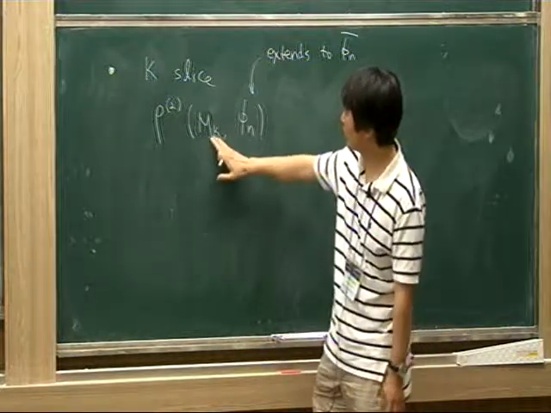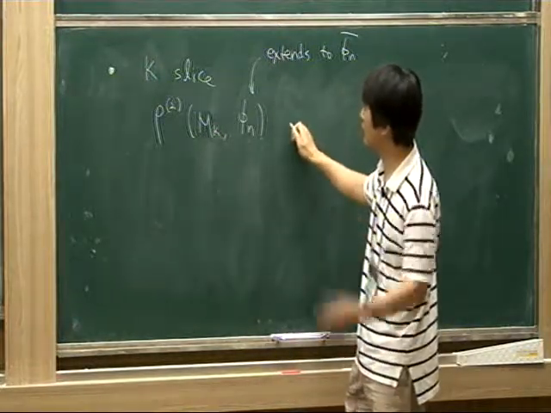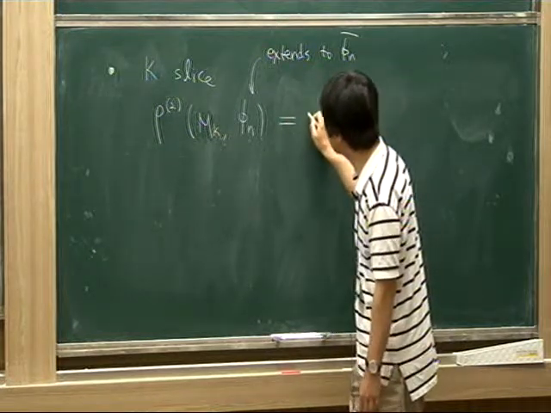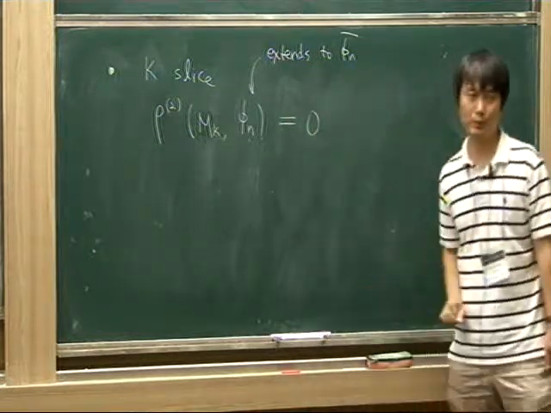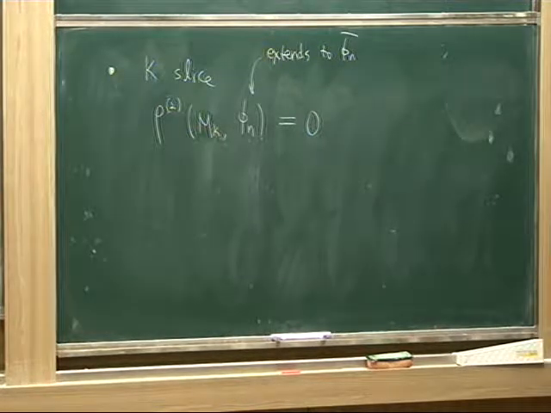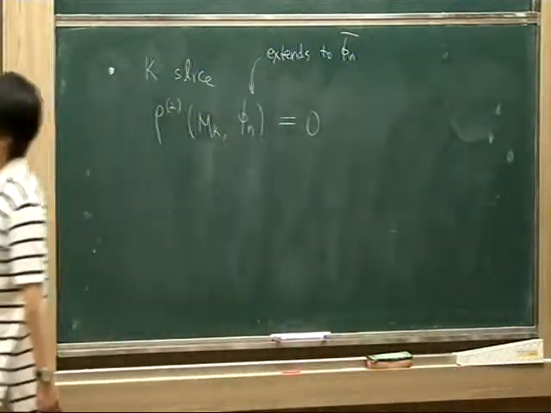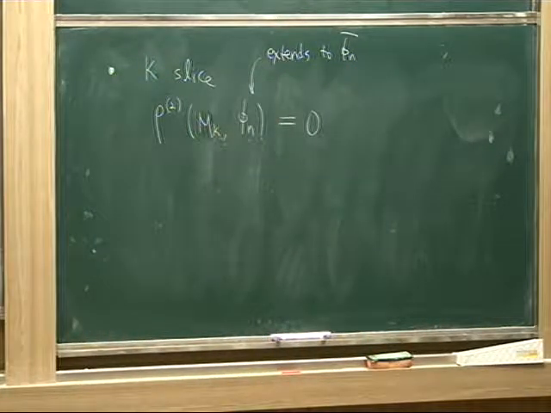So there is a von Neumann rho invariant which is analytically defined, and they showed that this von Neumann rho invariant should be 0.